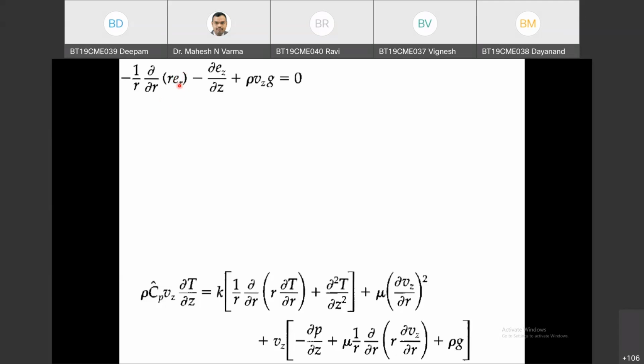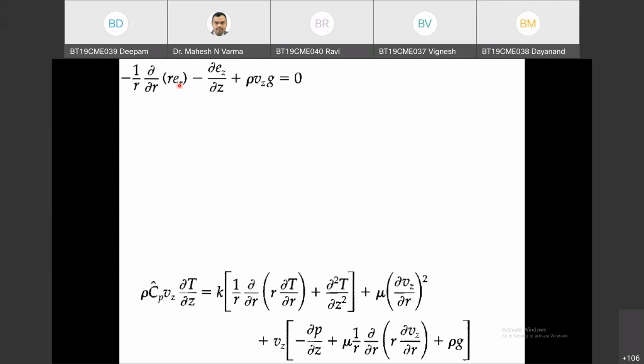And this convective energy flux again will have 2 components: flux because of kinetic energy, and flux because of internal energy.